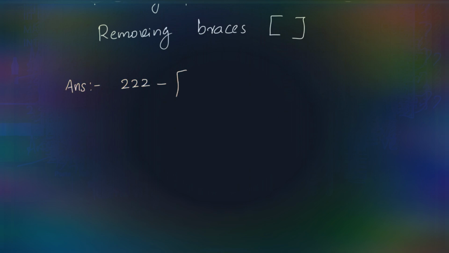So we first remove the vinculum, and we can write our answer like this: 222 minus square bracket, inside that 1 by 3, then the double bracket, then 42 plus, then the simple bracket, inside that first write 56, then minus, then remove the vinculum and add 8 plus 9 and write it as 17.